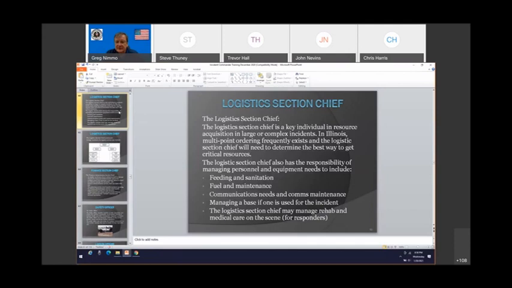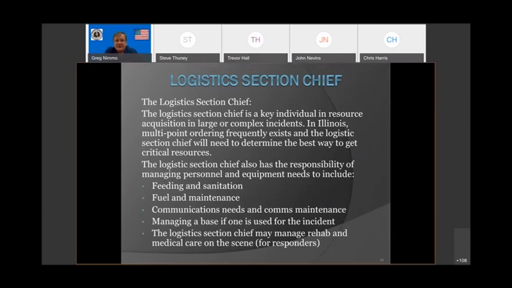So the logistics section chief, one of the things this person does is be responsible for resources and some of these other tasks. I learned probably the best lesson I could learn on logistics section chief when we deployed to New Orleans, because logistics was down there and working for us on a large incident like that.